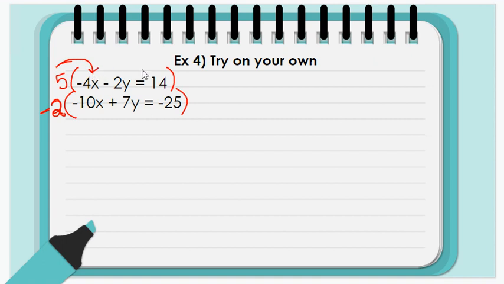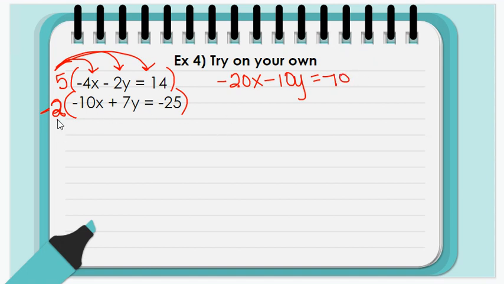So 5 times -4x is -20x. 5 times -2y is -10y. Bring over my equal sign. And then 5 times 14, I'm using my calculator, and that gives me 70.